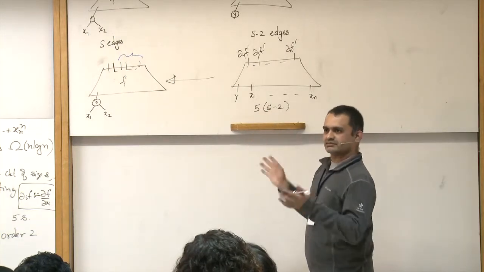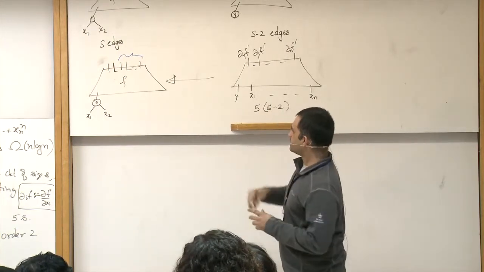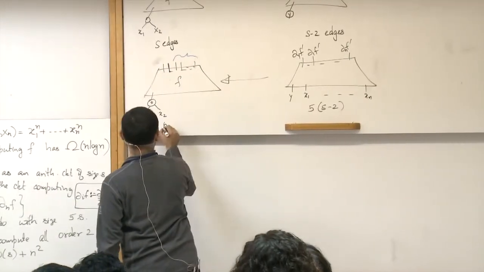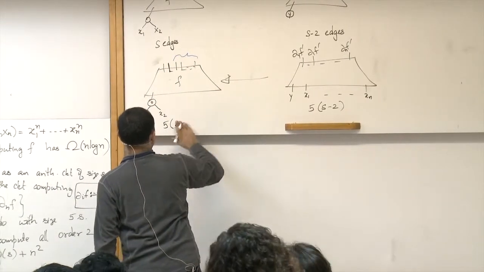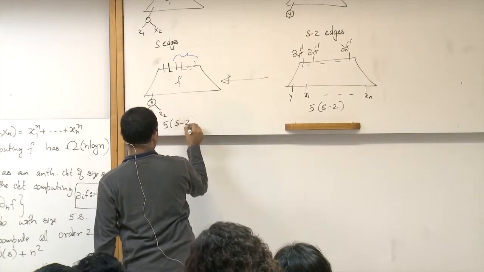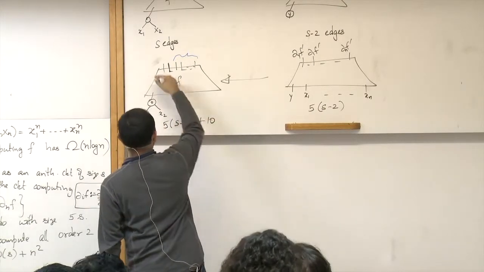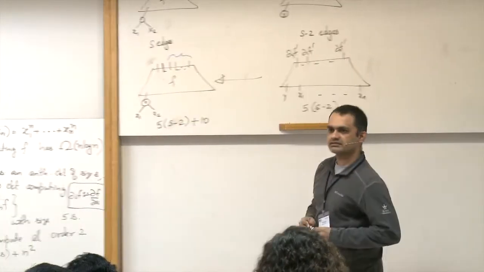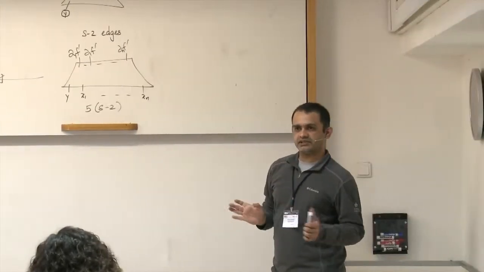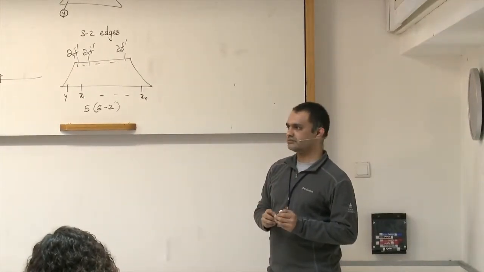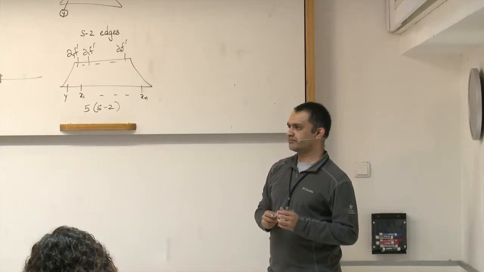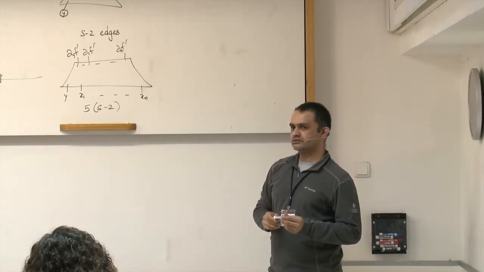But this basically just means that this takes 5 times s minus 2 plus 10 edges with the appropriate additions. And that just proves this by induction. Okay?